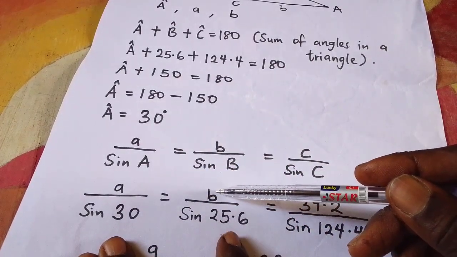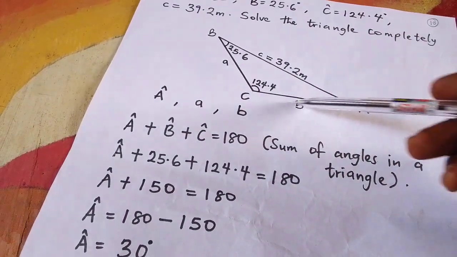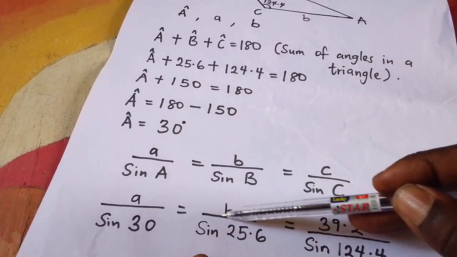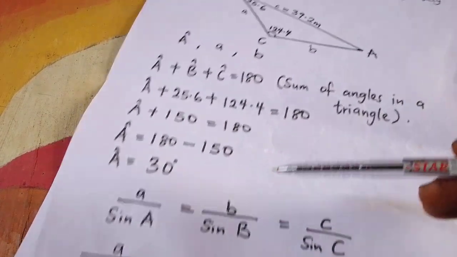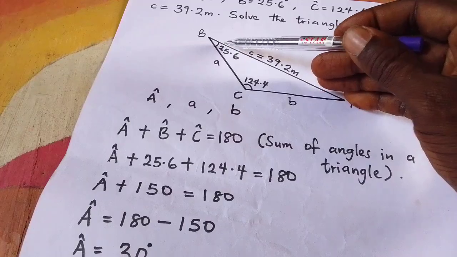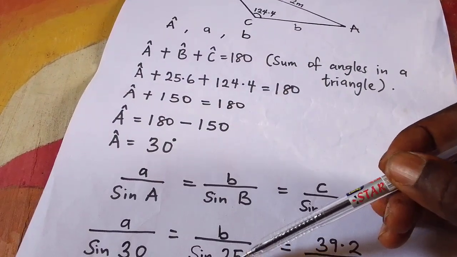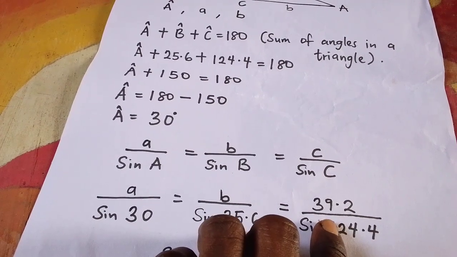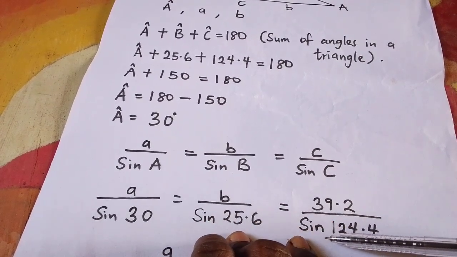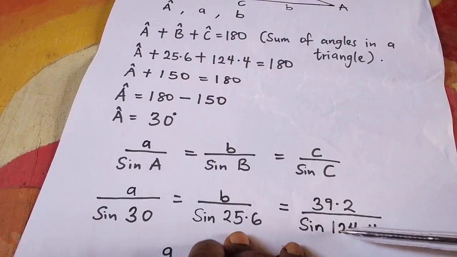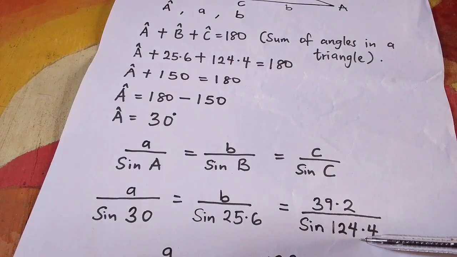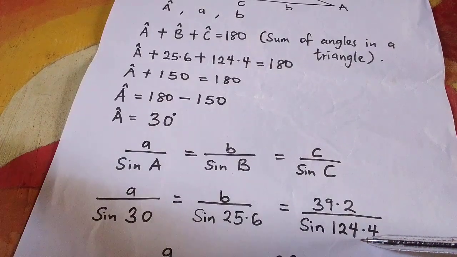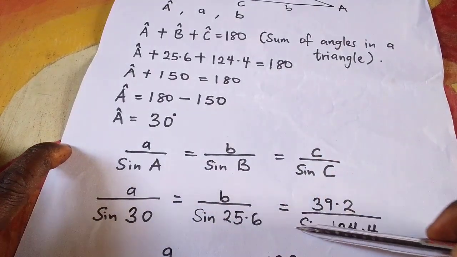Then our side b is not given in the diagram, so that means we have side b over sine angle B. Our angle B is what? 25.6. You substitute 25.6. Then our side c is 39.2, divided by sine of angle C, which is 124.4. So you substitute. Now, after doing this, you want to look for the value of angle A, side a and side b. So you look for the one ratio out of these three that is complete.